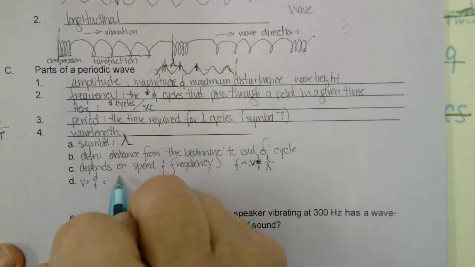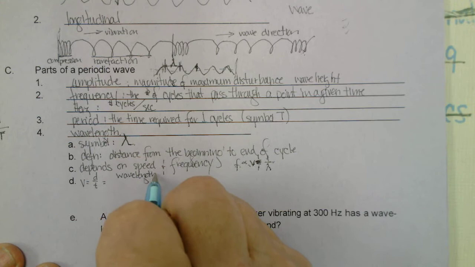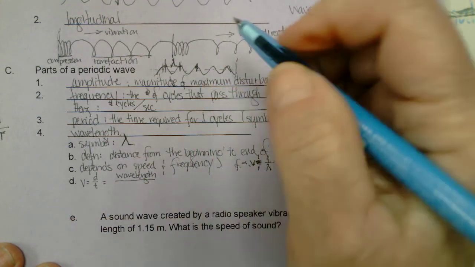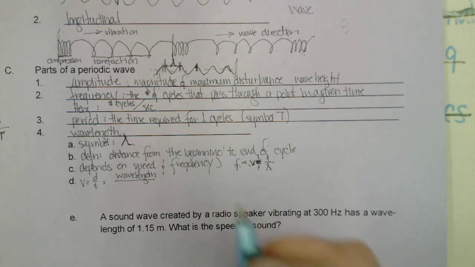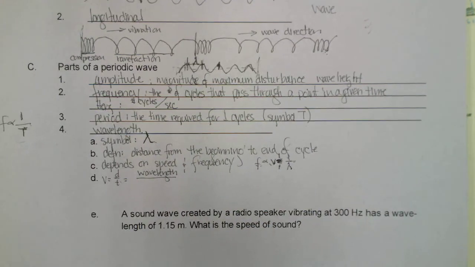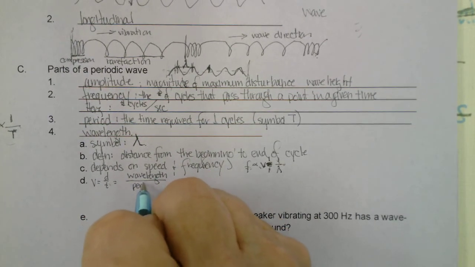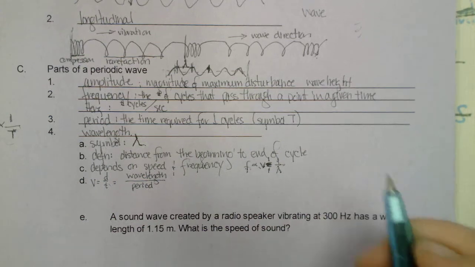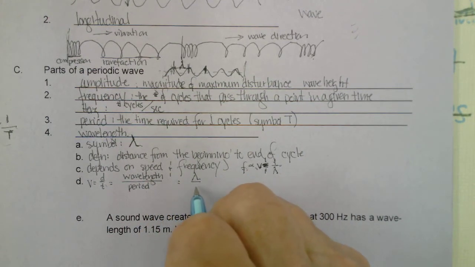So another way of saying it is, it's equal to the wavelength over, let's see, what was my time? Time was the time of the wave, which is the period. So it's going to be over period, which is equal to lambda all over T.